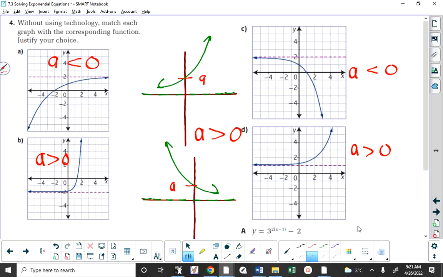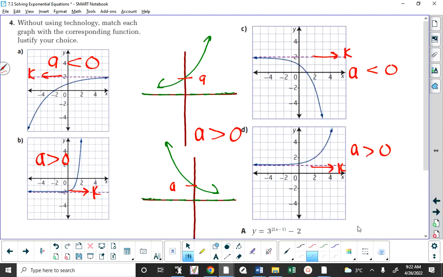The other very useful thing in knowing, and again, I'm purposefully not looking at the choices because I want to teach this to you in a general way, is that wherever the horizontal asymptote lies will be the value of k. Because k is the vertical translation, and the vertical translation, everybody, is the only thing that can move the horizontal asymptote. So now what we can start to do is, well, get some answers.